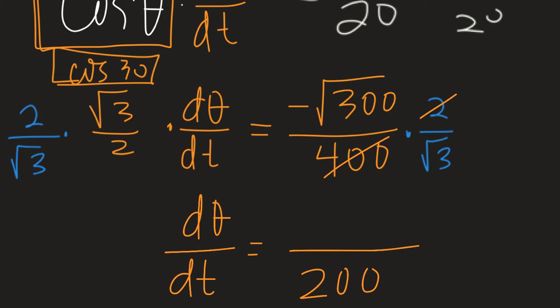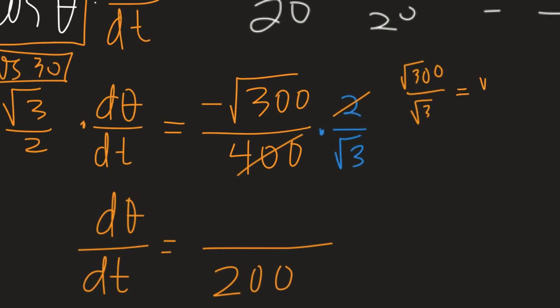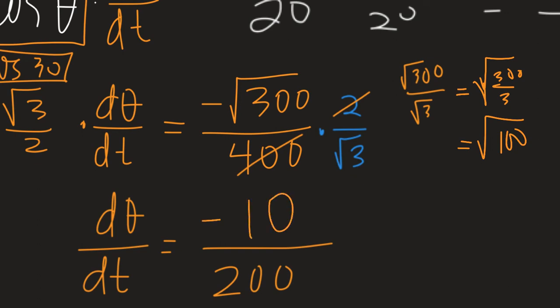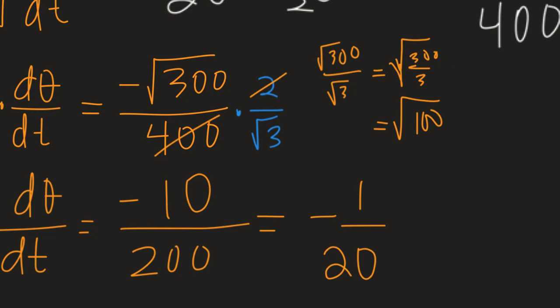What is root 300 divided by root 3? Those are both roots, so that's the same as the root of 300 over 3. That's 100. What's the square root of 100? 10. Amazing. And then 10 divided by 200 is negative 1 over 20.